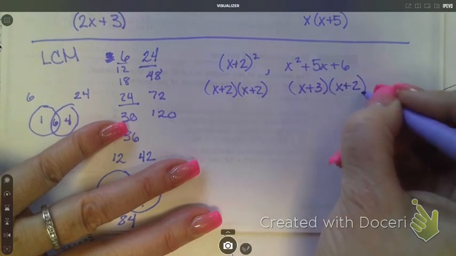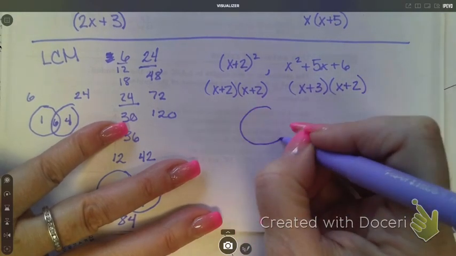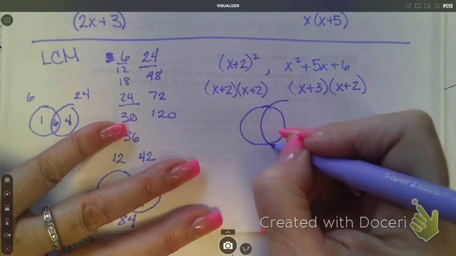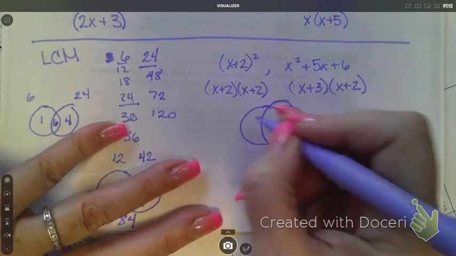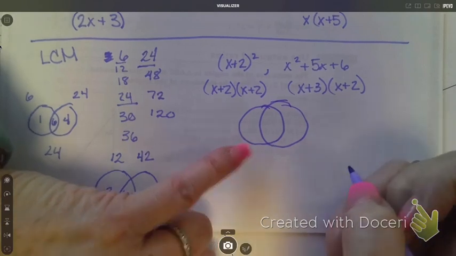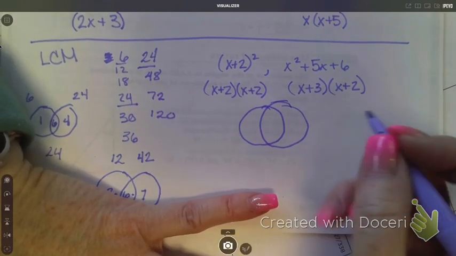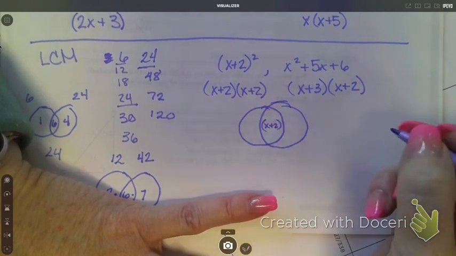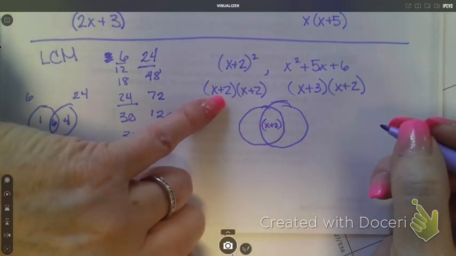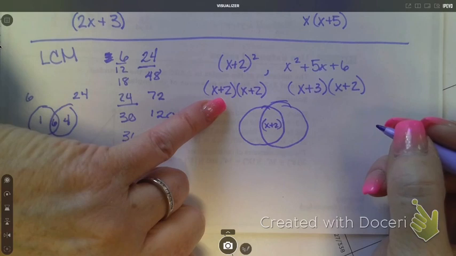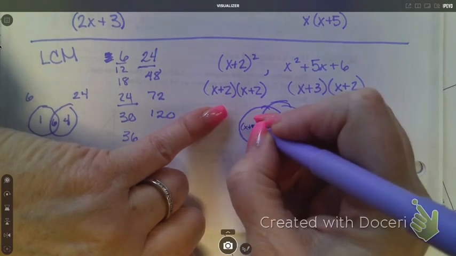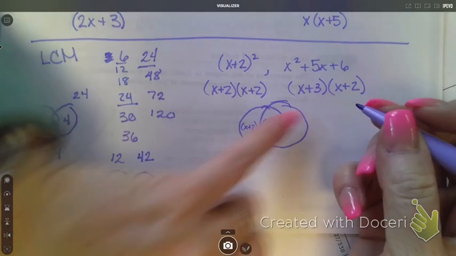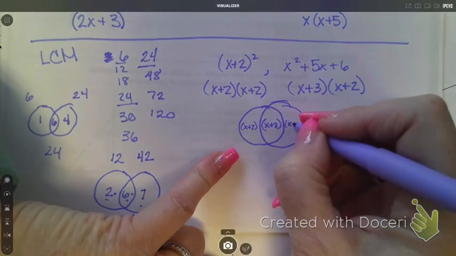So you're not going to write it out, but I can still in my head do this thing with circles. What do they have in common? X plus 2. What do I need to finish this one? An x plus 2. And what do I need to finish this one? An x plus 3.